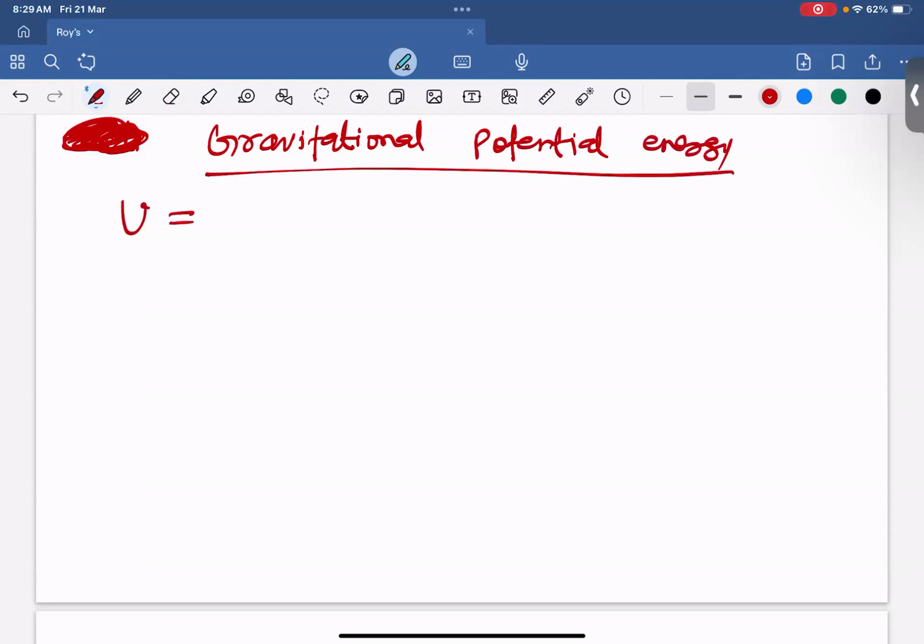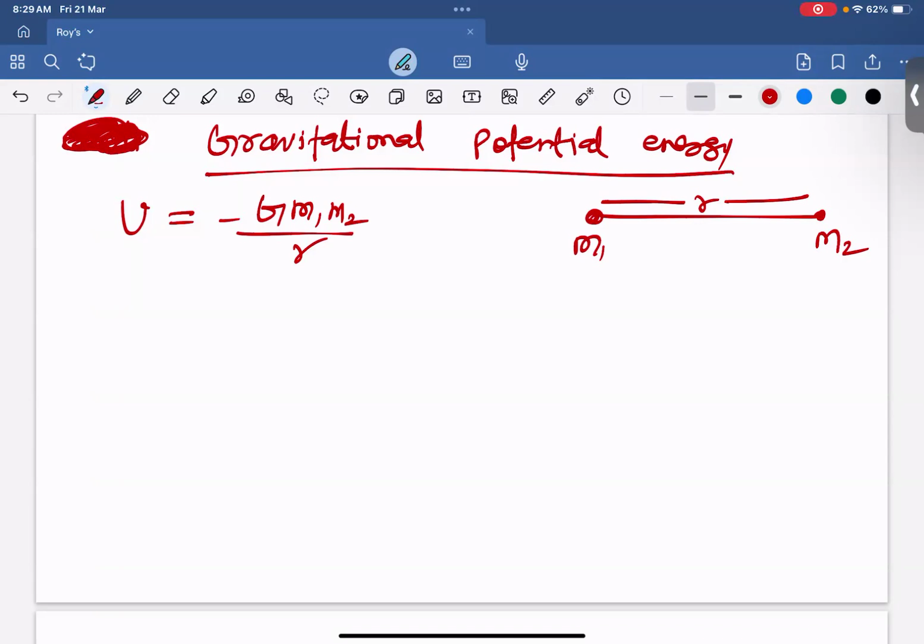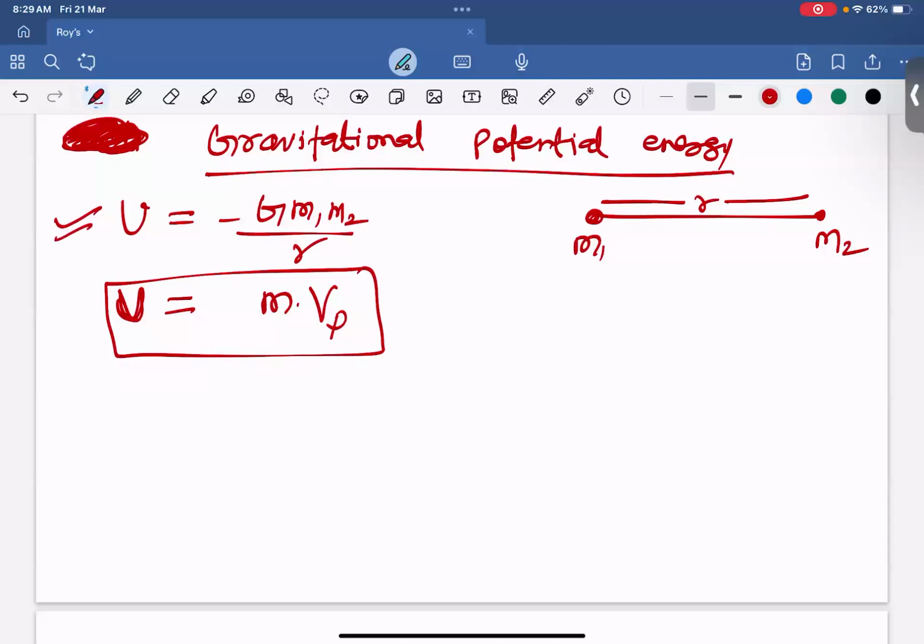It has a simple formula. If two particles are there, this is m1 and here is m2 at a distance r. So it is simply minus G m1 m2 by r. The general formula is that if you know the gravitational potential value, then you can also multiply with mass. This is also correct. Both formulas we use for this.